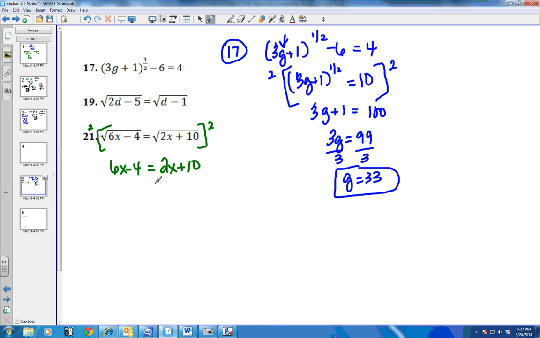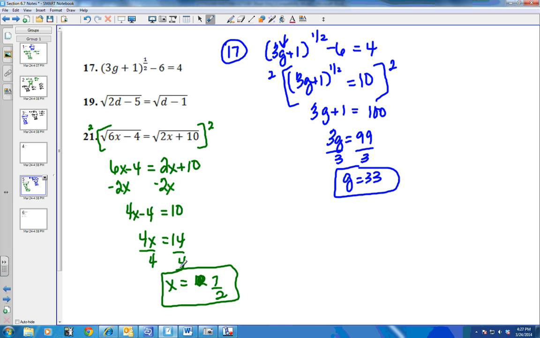I'm going to solve for x by subtracting 2x from both sides. 4x minus 4 equals 10. Add 4 and I get 4x equals 14. Divide by 4. X equals 14 over 4, which will reduce by 2. So 7 over 2.